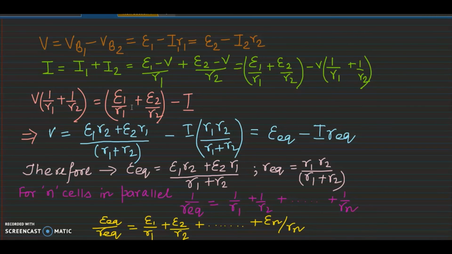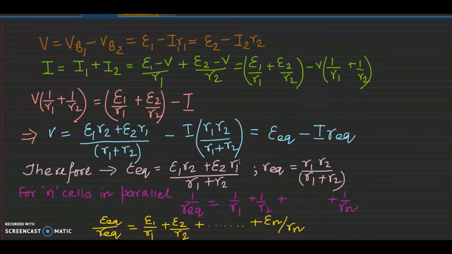So we can write V times 1 by R1 plus 1 by R2 is equal to epsilon 1 by R1 plus epsilon 2 by R2 minus I. If I solve for V, it is epsilon 1 R2 plus epsilon 2 R1 divided by R1 plus R2, minus I times R1 R2 divided by R1 plus R2. So it becomes epsilon equivalent minus I times R equivalent.